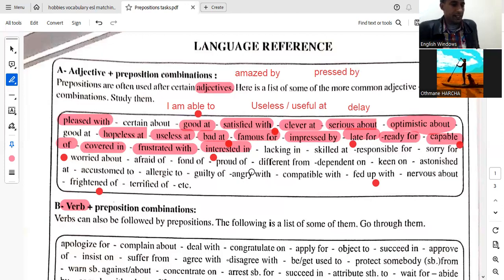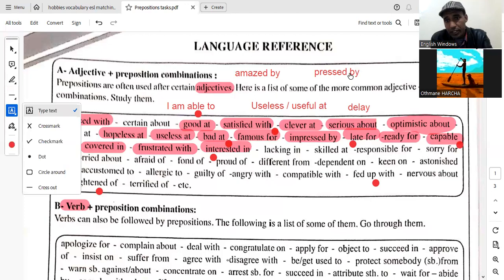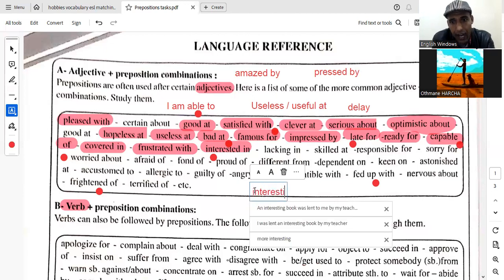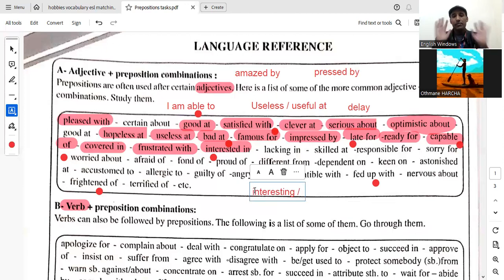I am interested in my study. We distinguish between the adjectives interested and interesting. Interesting means important.